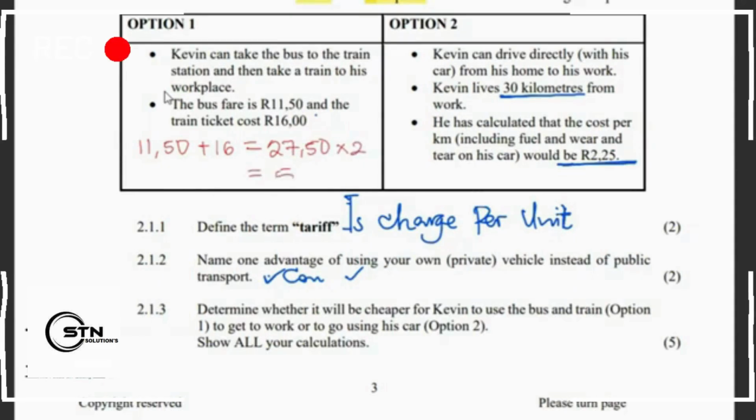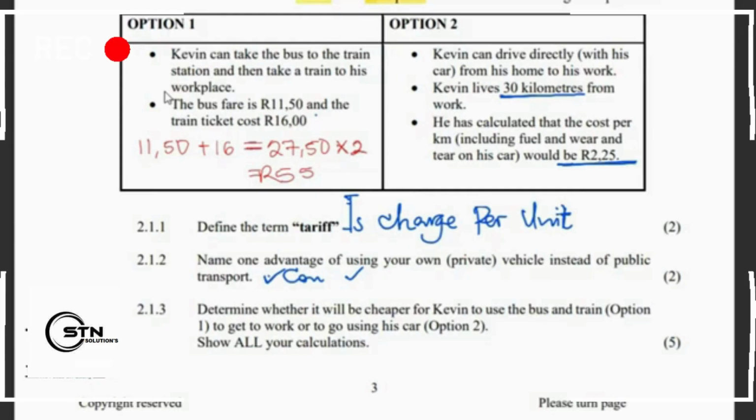You end up having 55. So he has to pay 55. Why am I multiplying by 2? I told you he has to go and come back, to and fro. It's a full trip. All right, this is the first one, option number 1.